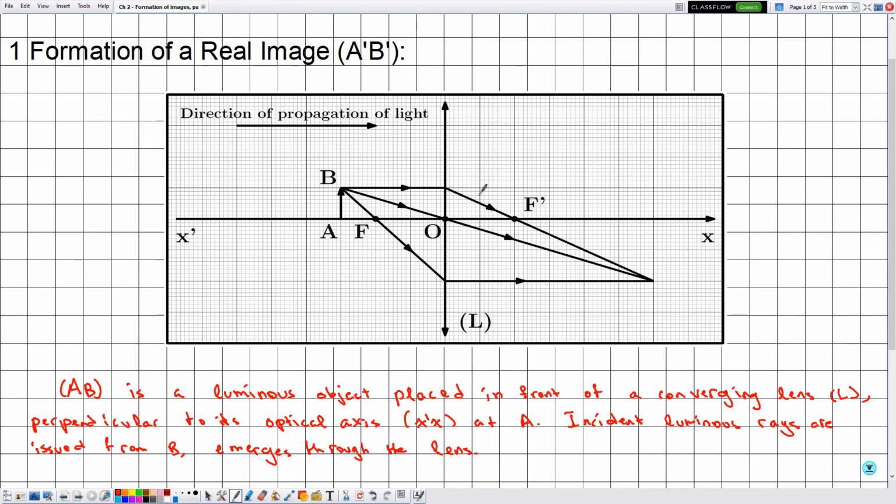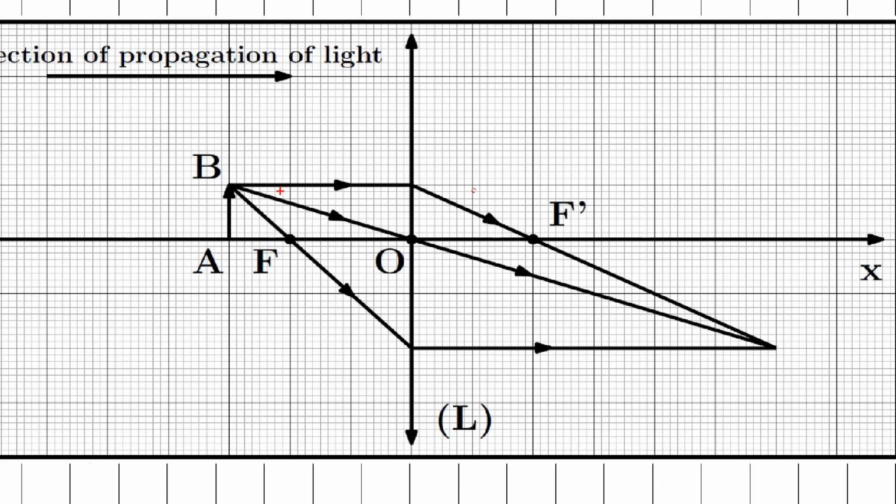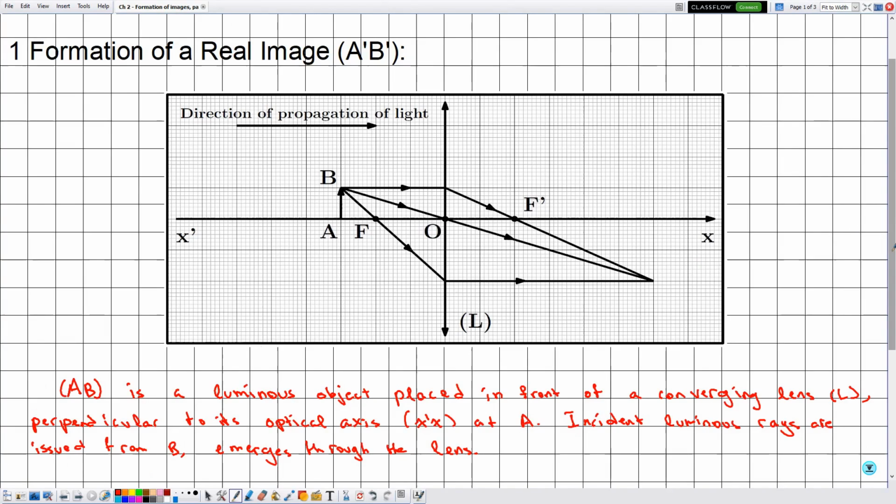Okay, so the first incident luminous ray issued from B is parallel to the optical axis, and we know that it will emerge passing through the image focus. The second ray that is issued from B is passing through the optical center, and we know that it will emerge without deviation. And the third ray, which is issued from B, is passing through the object focus, and we know that it will emerge parallel to the optical axis.